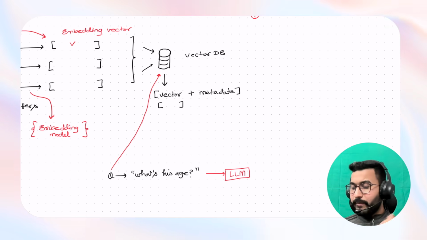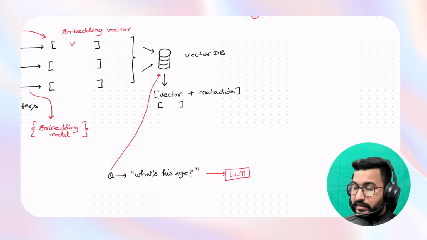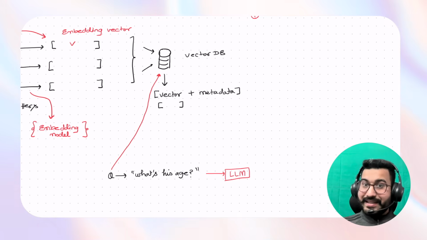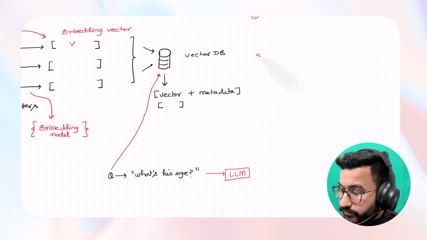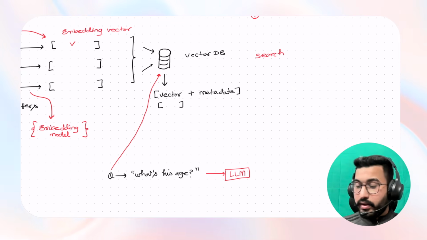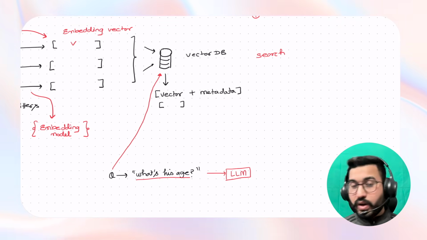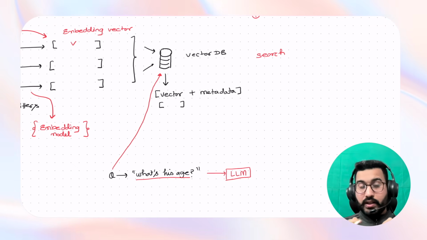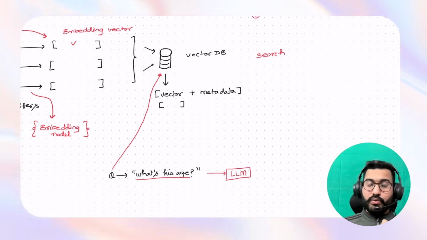But if you provide a query to this vector database, it has inbuilt functionality to search for this particular query, what is the nearest chunk or what is the nearest vector that is matching this particular question.